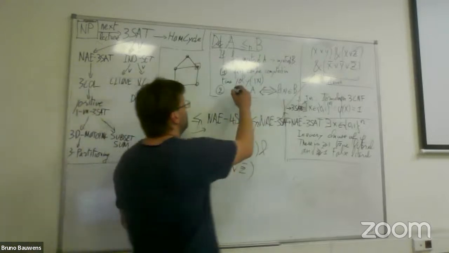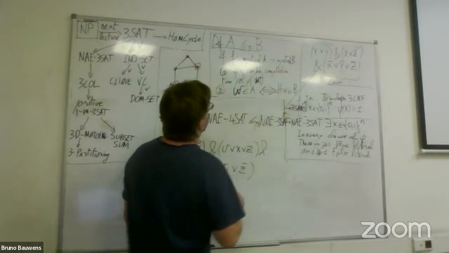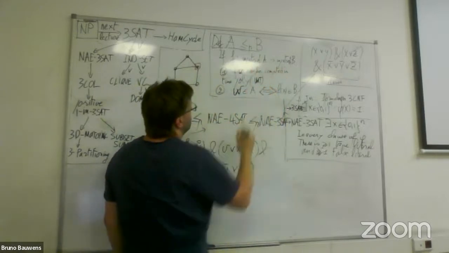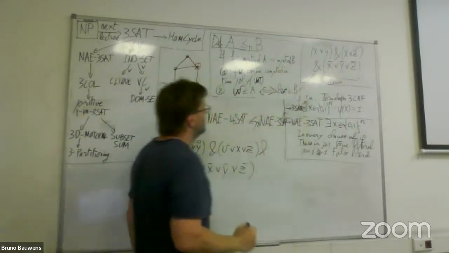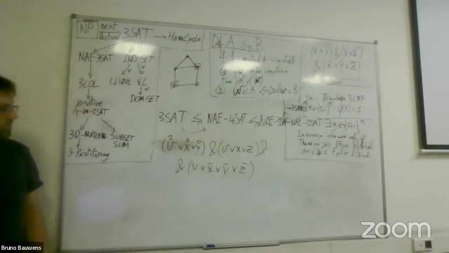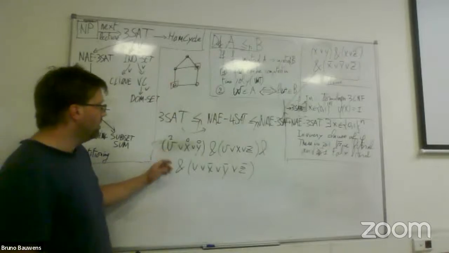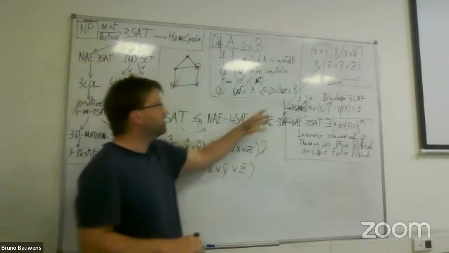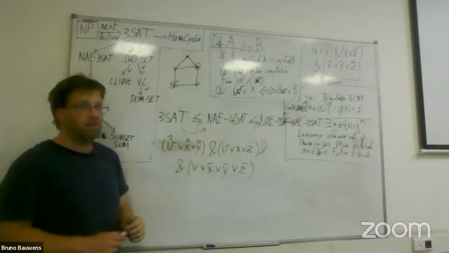Okay, maybe I should use a w here. One more time, we know that not-all-equal 4-SAT is satisfiable here. And there are two cases: if v equals 0, then we are done, because we can just use the same assignment. But what if v equals 1?